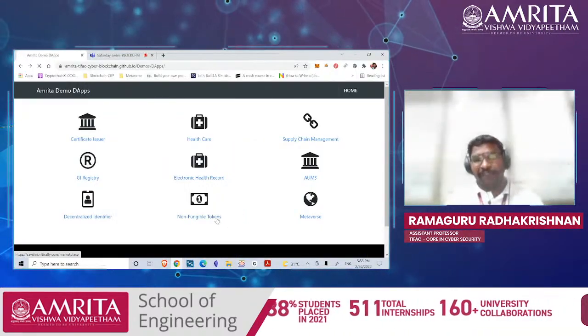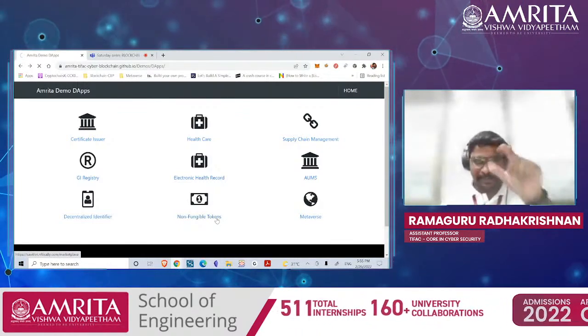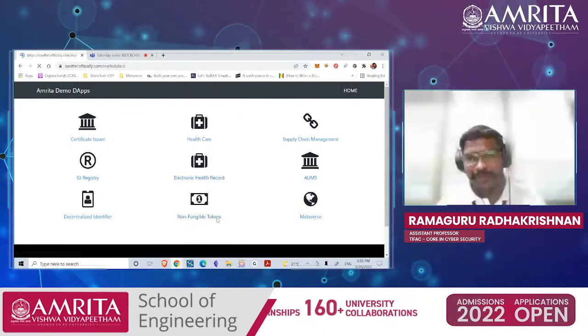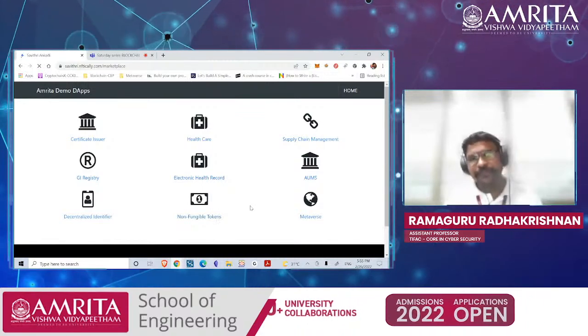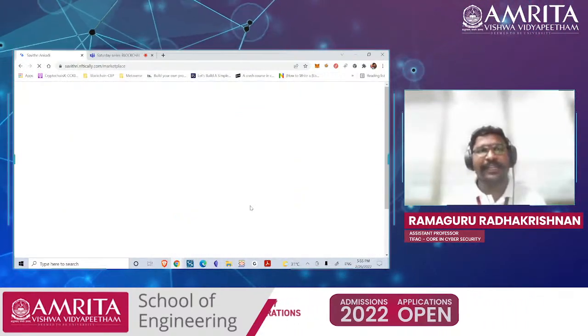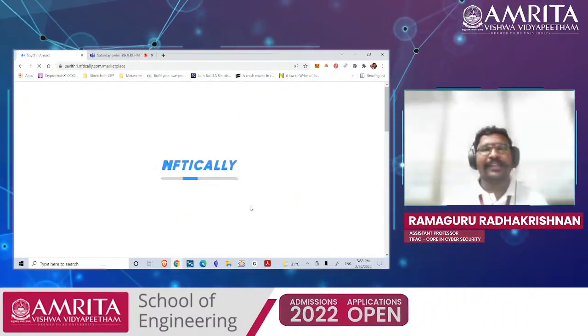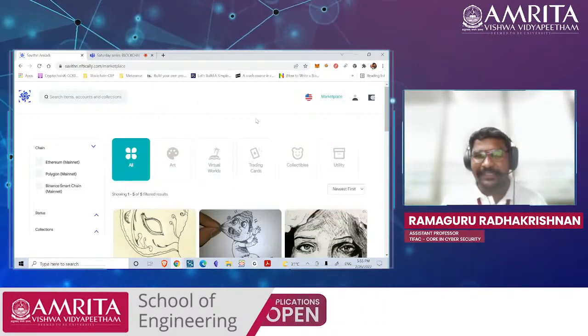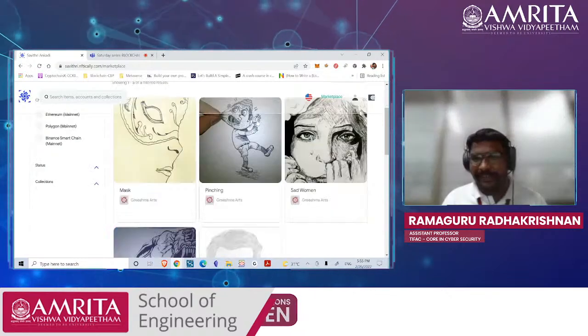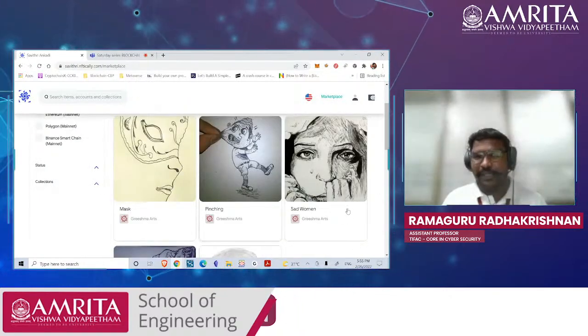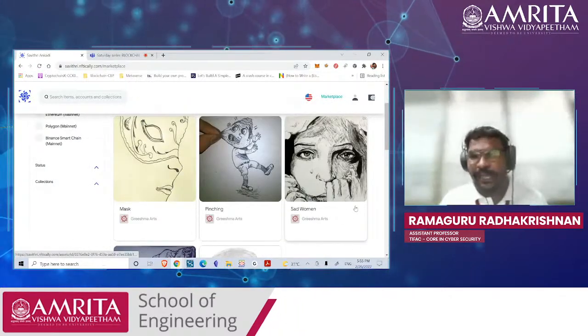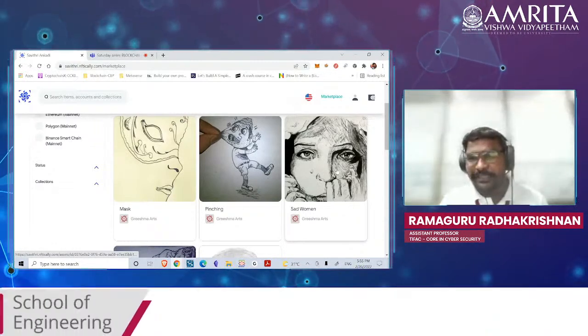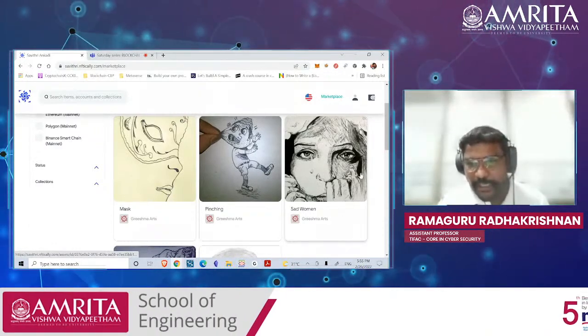So I have created an example demo app for you to show. So this is one of the example marketplace that I've created. You can see here, these are some of the drawings I have. All these things I can post here.